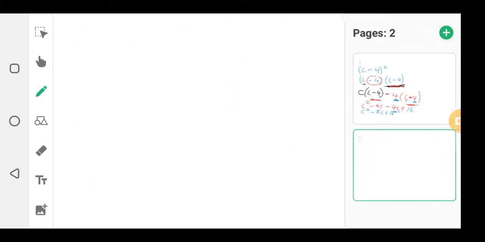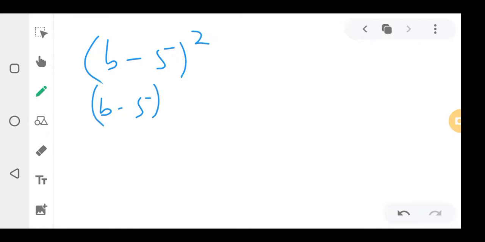That's the answer. So it doesn't matter, even if they give you (c minus 5) squared, for example, or (b minus 5) squared, you can use another letter, you can put b there. So it will be (b minus 5), open closed, (b minus 5). Then you pick the first letter.